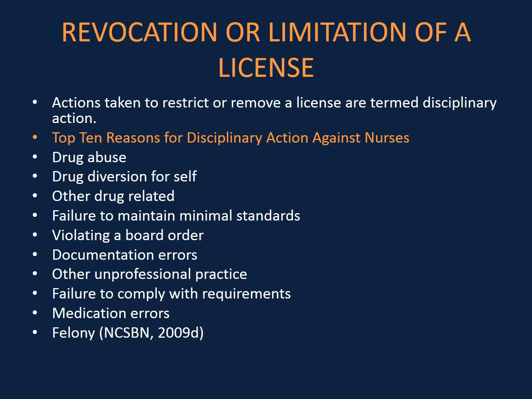The first one is drug abuse, drug diversion for self, other drug-related problems or issues, failure to maintain minimum standards, violating a board order, documentation errors, other unprofessional practices, failure to comply with requirements, medication errors, and felony, which is, for example, having a crime or whatever. So all those are disciplinary actions that restrict or remove the license from a nurse.